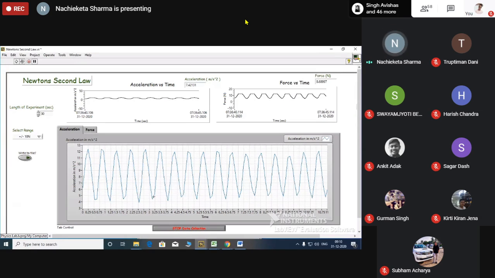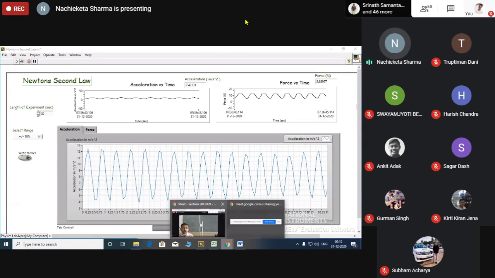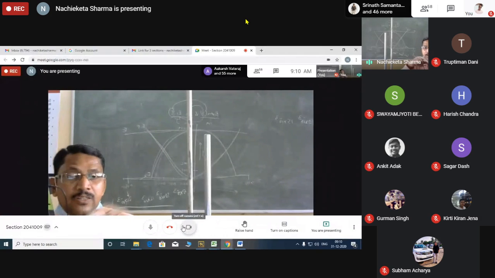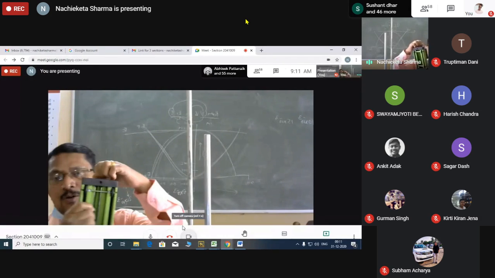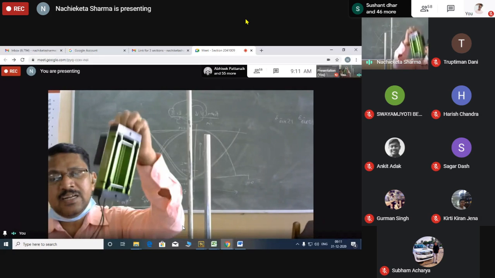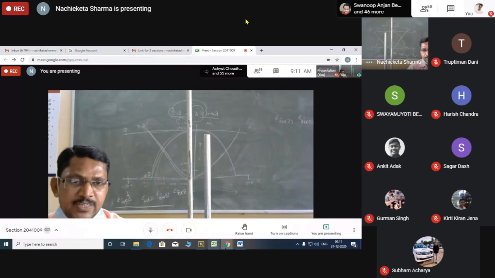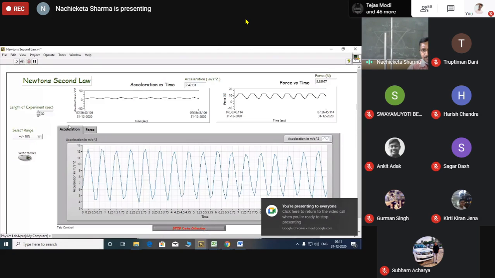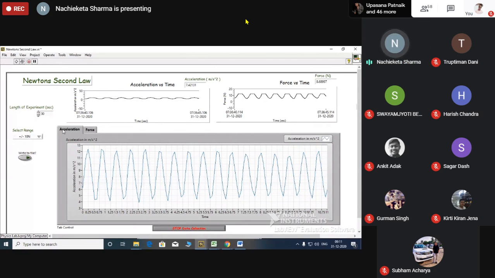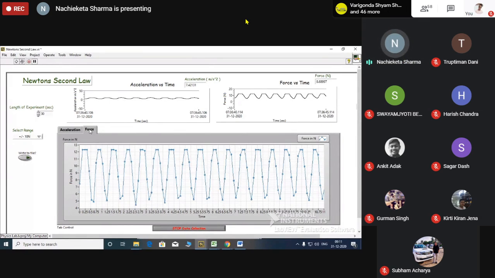Okay, you see, I have already told you, again you just see. When you run the program and apply force like this vertically on it, you can get the curve you see here on the program. You can see the time acceleration graph and time force graph. If we select acceleration, you can get the graph of time acceleration. If we select here, you can get the graph of time force. Got it? Yes or no?